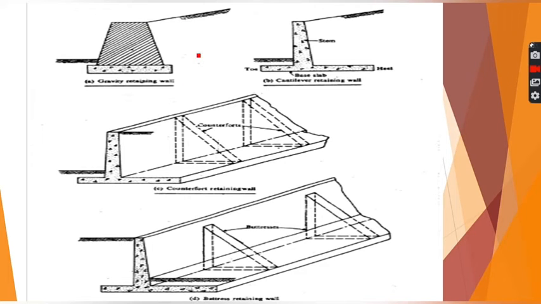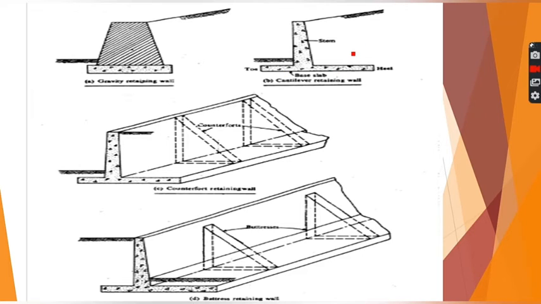So these are the different types of retaining walls which we discussed: gravity retaining wall, cantilever retaining wall. Kindly note the differences visually here. This is a gravity retaining wall without any heel slab or separate toe slab. This is a cantilever retaining wall with separate toe and heel slab.